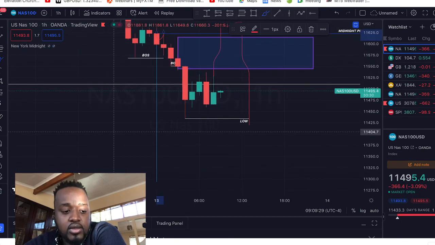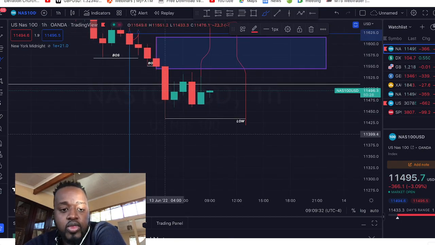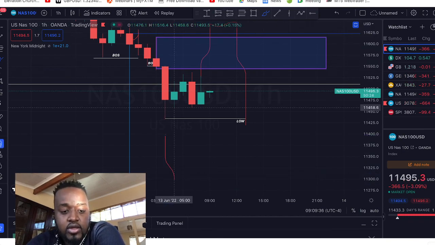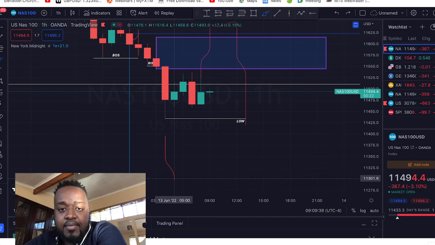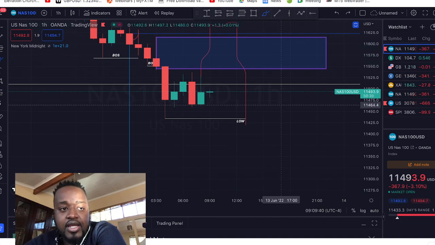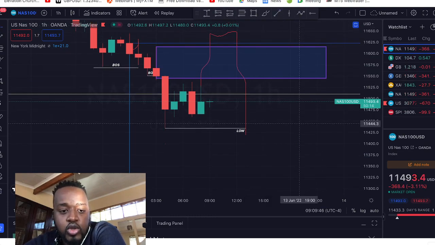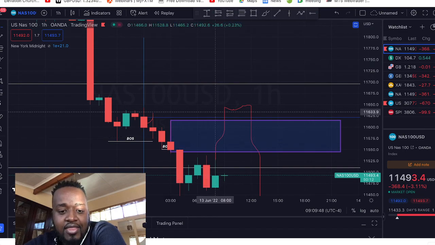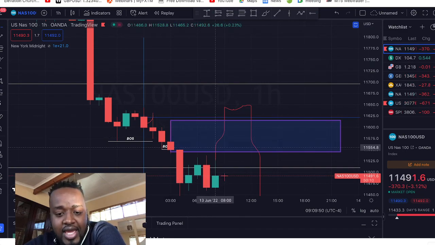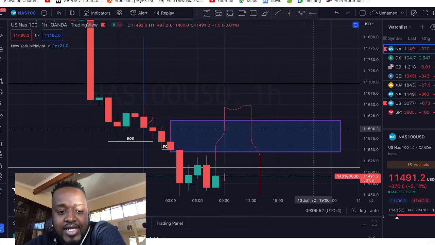What ICT has taught us is that whenever you're expecting bearish price movements for the day, you can expect price to go up to the New York midnight opening price, which would be the premium price, before crashing down again for the daily range.